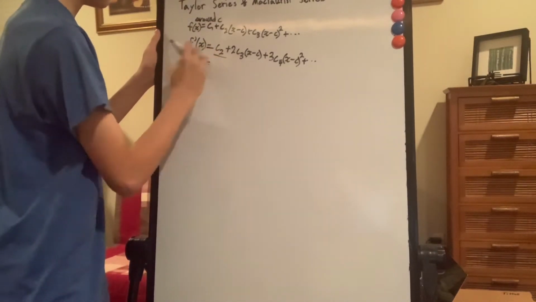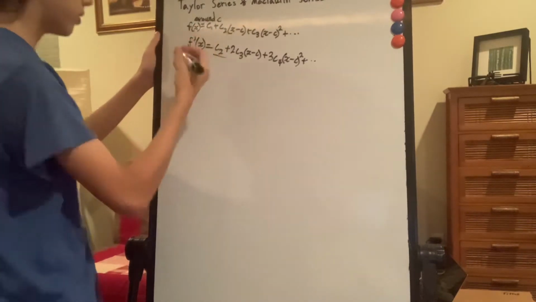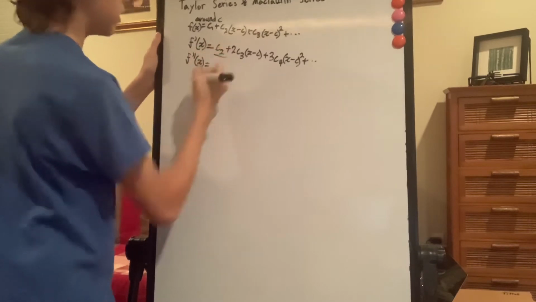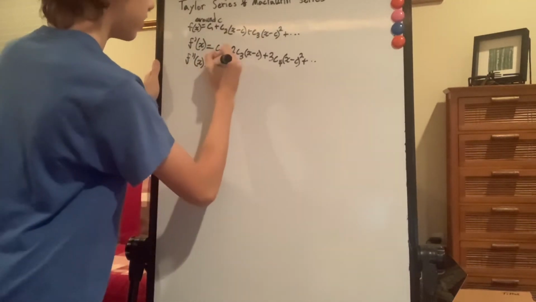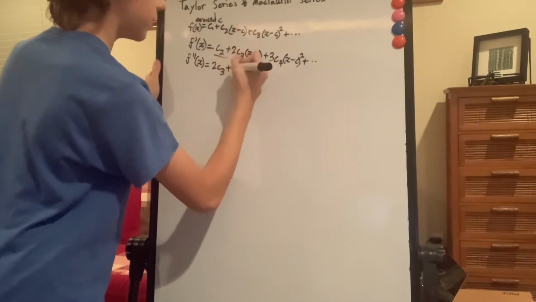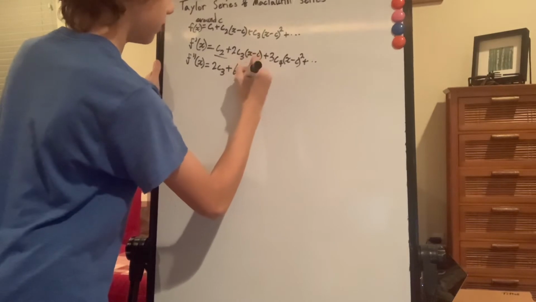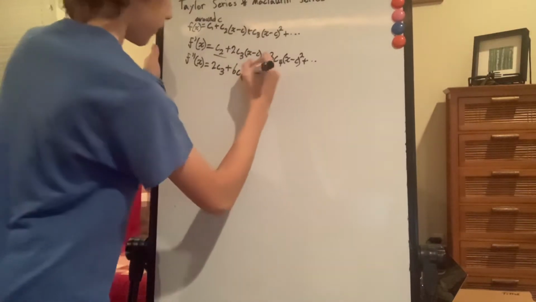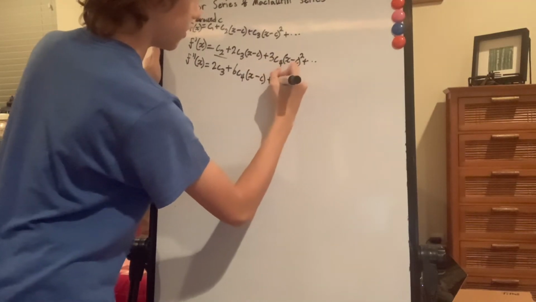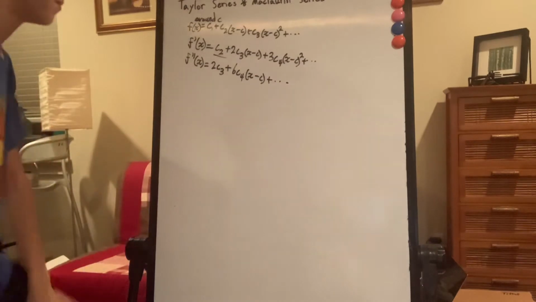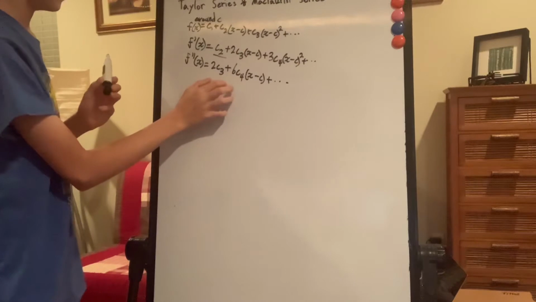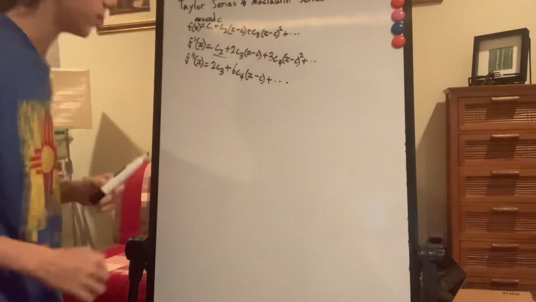So now if we consider f double prime of x, that's just going to be 2c3 plus 6c4 times x minus c plus, and it goes on forever, of course. Okay, and consider this at 0. Same idea, right? This 2c3 is the only term that survives.